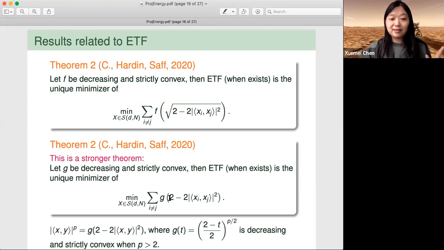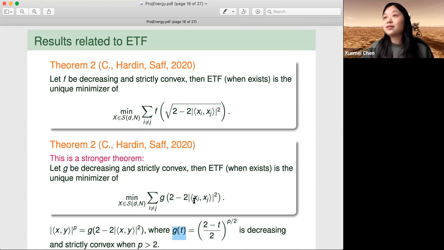So this here is called G, just a different function. But the point is that now it's in terms of your projective distance squared. And if it's in terms of that, then the G function that will produce your P frame potential is now strictly convex.